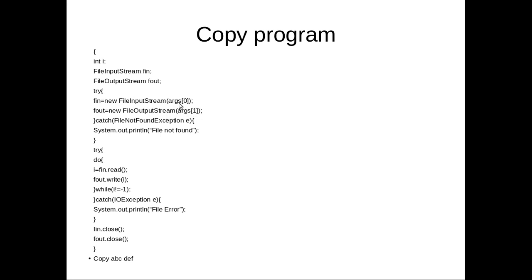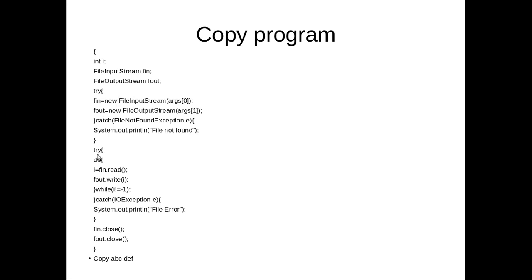Now the input file is ABC and the output file is DEF, and this is in a try section, and if these files are not there, it will generate a FileNotFoundException, otherwise it will open these two files.